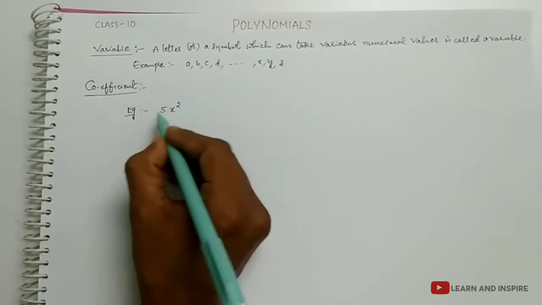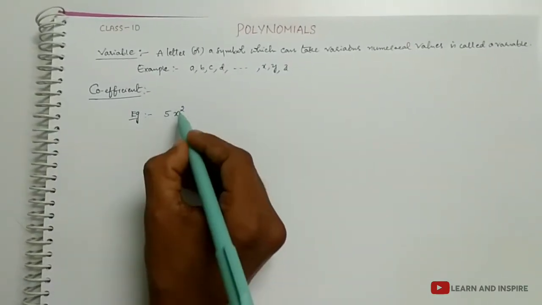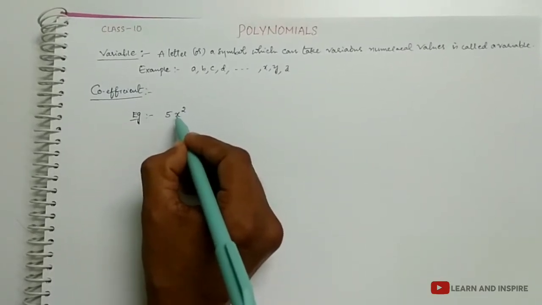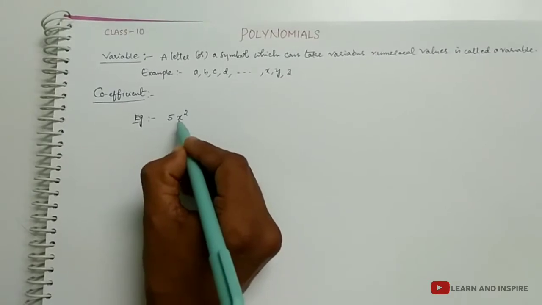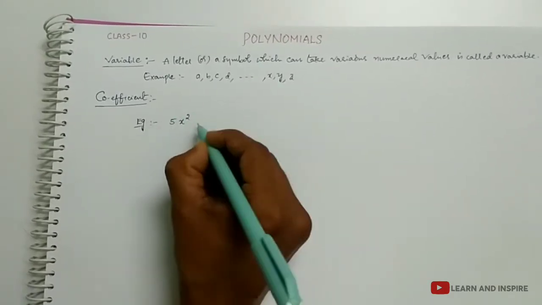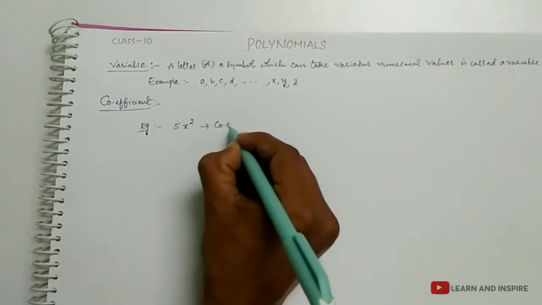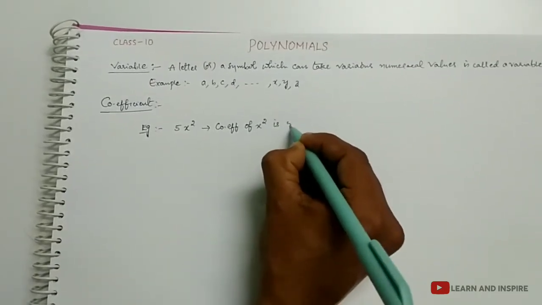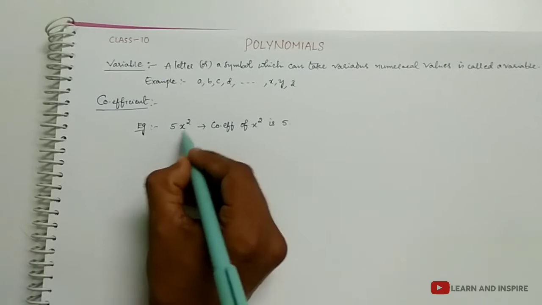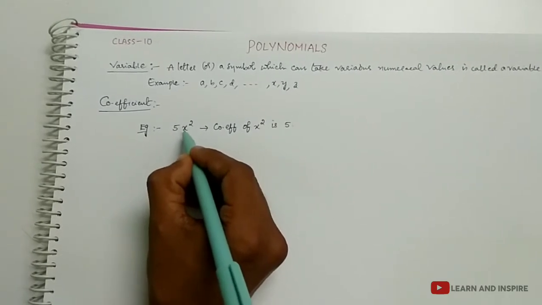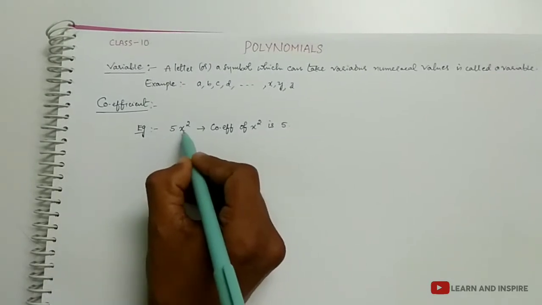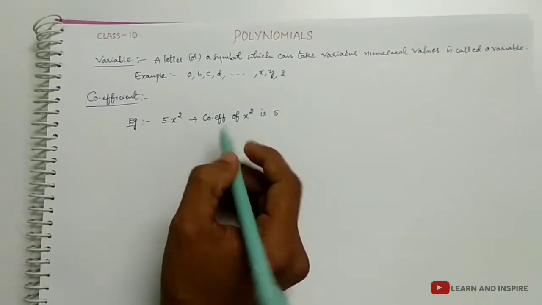What is the variable here? The variable is x. And what is the constant before the variable? It is 5. So we can say that the coefficient of x square is 5.